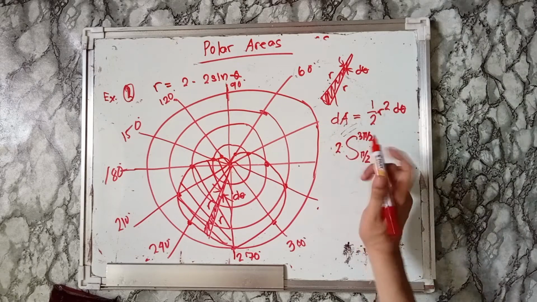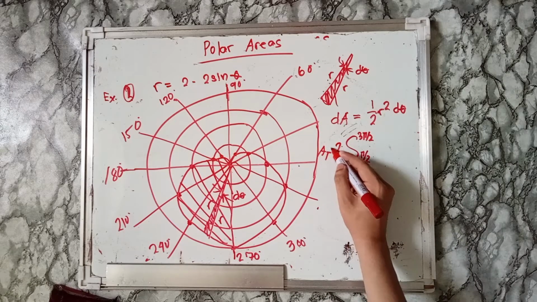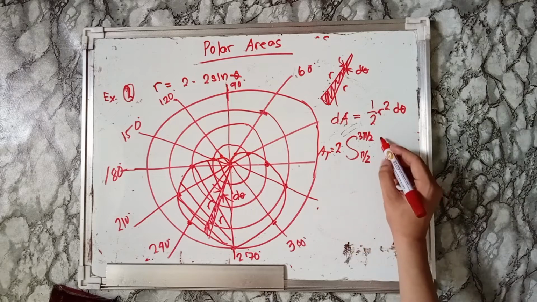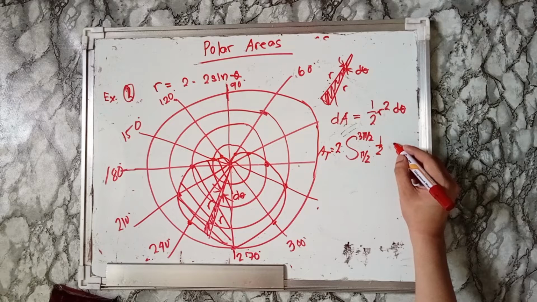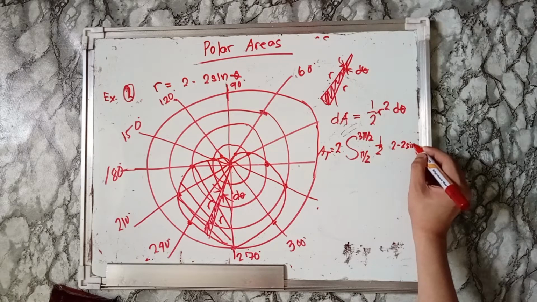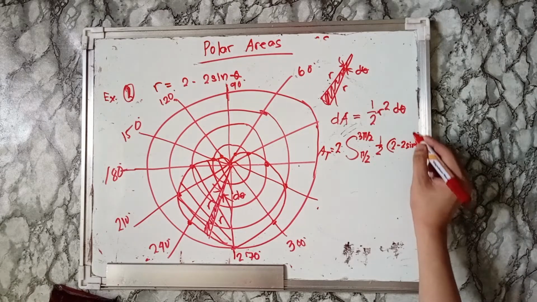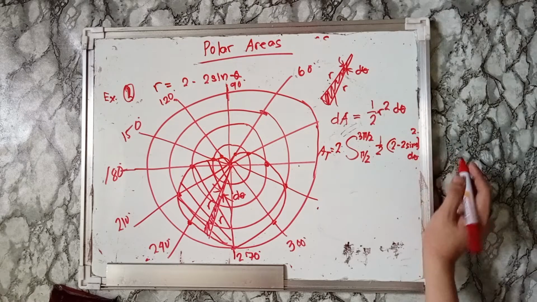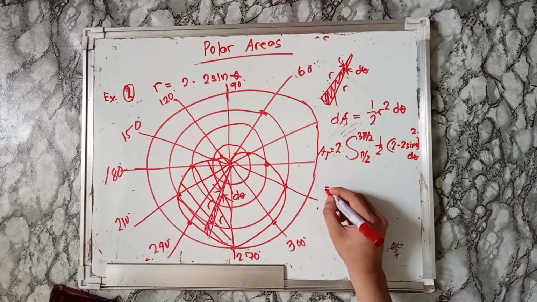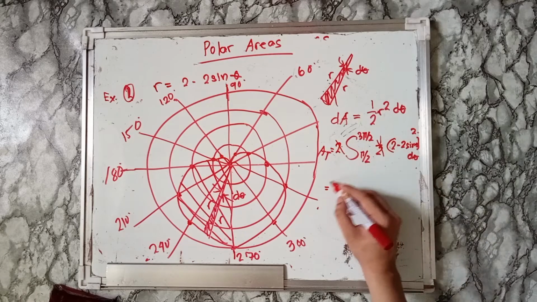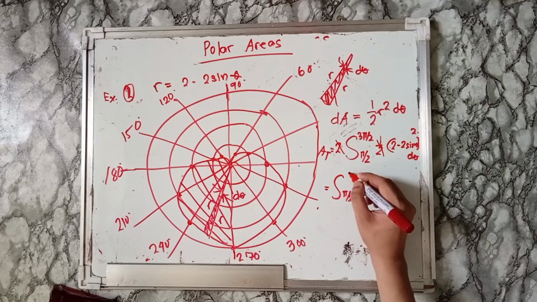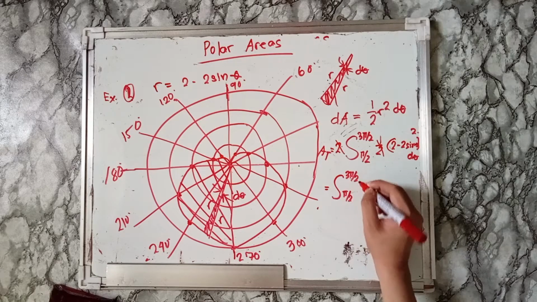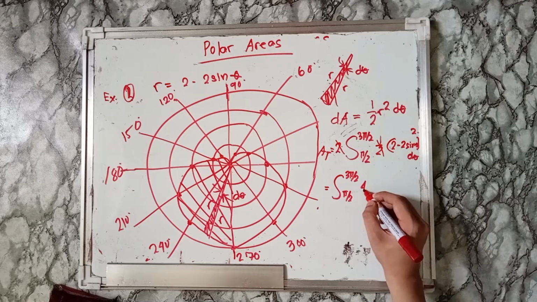So let's label this as A total, and 1/2 our r squared is (2 minus 2 sine theta) squared d theta, right? And then now we can cancel this, so what remains is pi over 2 to 3 pi over 2. So this is just 4.